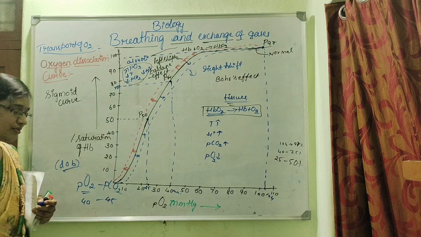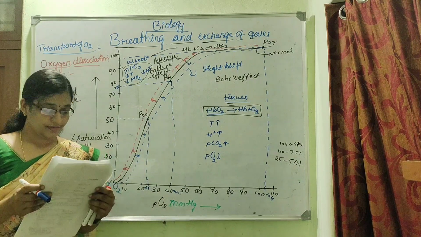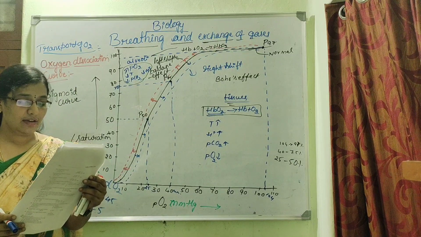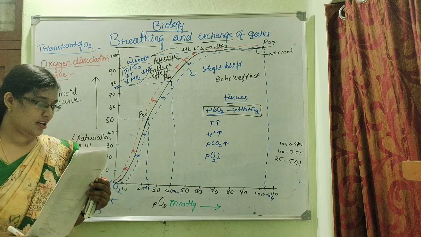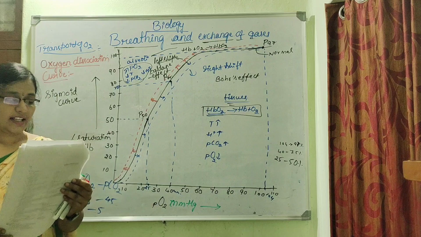So 40 minus 45 is minus 5. Options: A 5, B minus 5, C 45, D 40. Option B, minus 5. Next question.